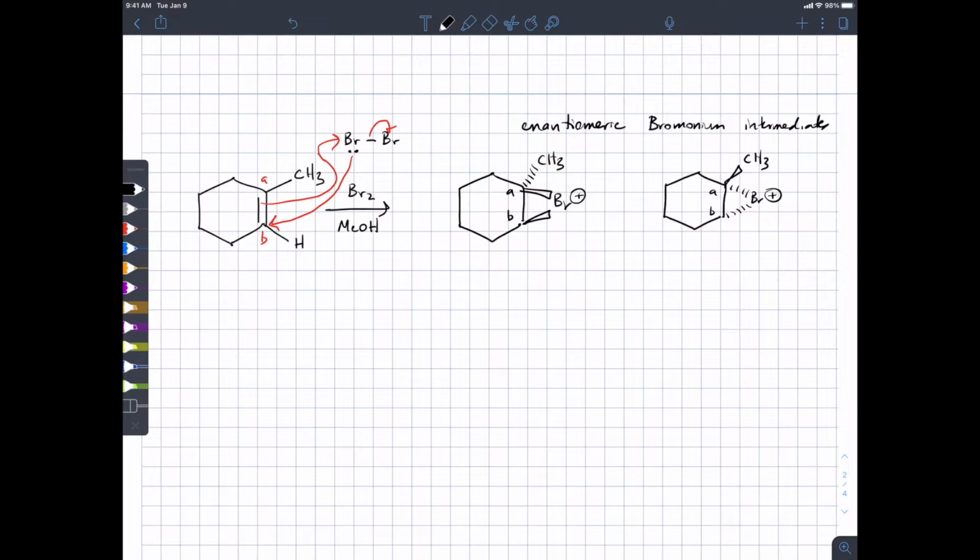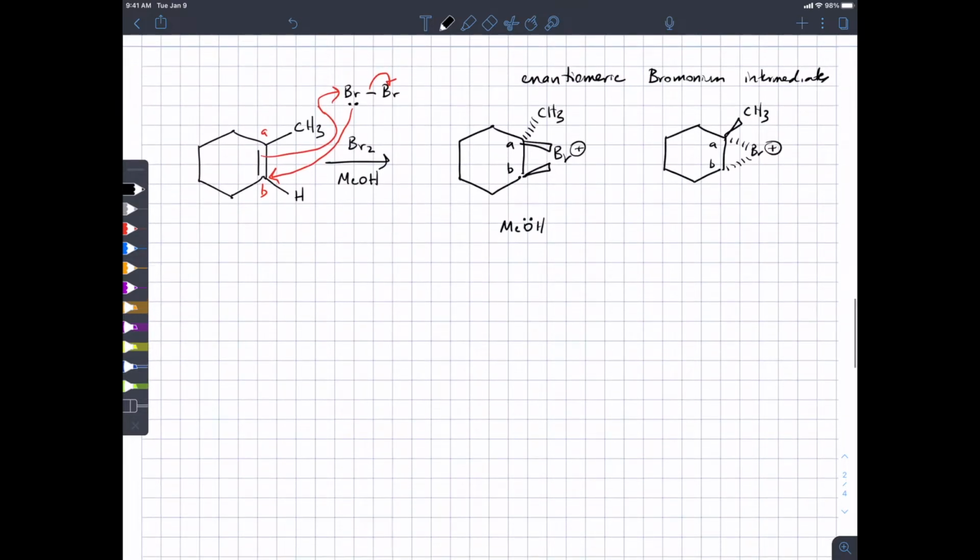Okay, so once we get there, methanol is going to outcompete Br minus as a nucleophile, and it's going to attack from the backside. So we got all of that, but we don't know which carbon it's going to attack, carbon A or carbon B. But the regioselectivity principle here is the same as with protonated epoxides.